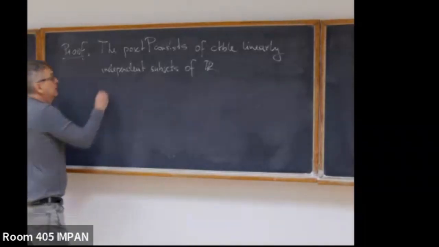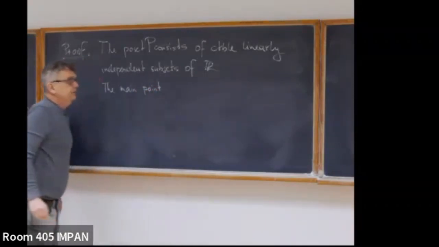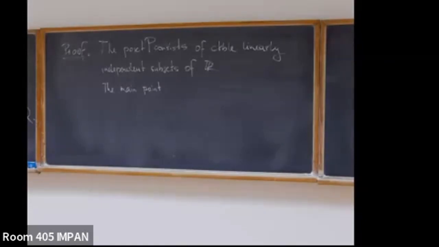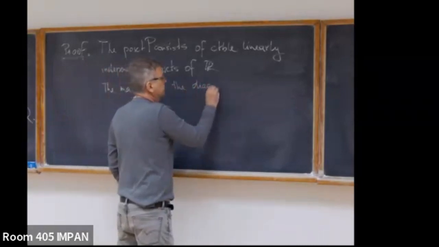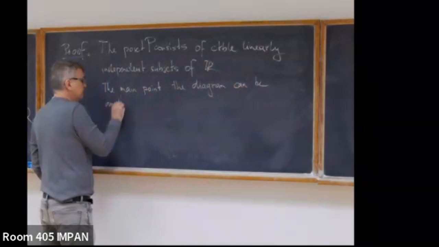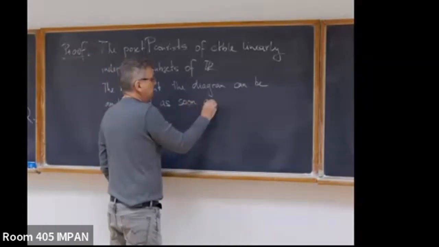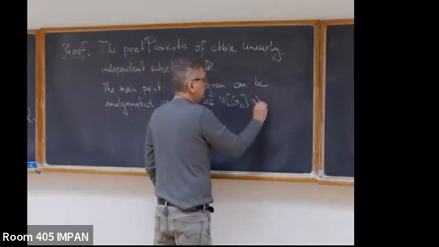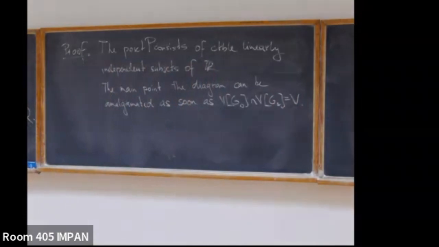The main thing is that the diagram can be amalgamated as soon as the two extensions are distributed over B, so that VP0 intersection VP1 is equal to B. Let me show you why that is the case.